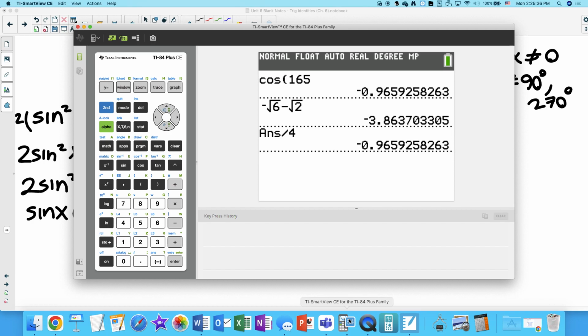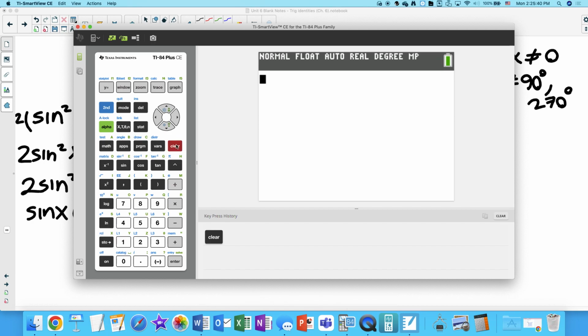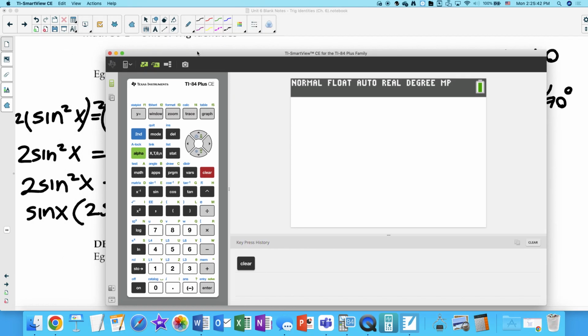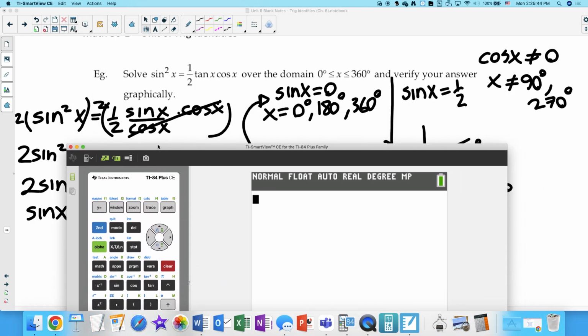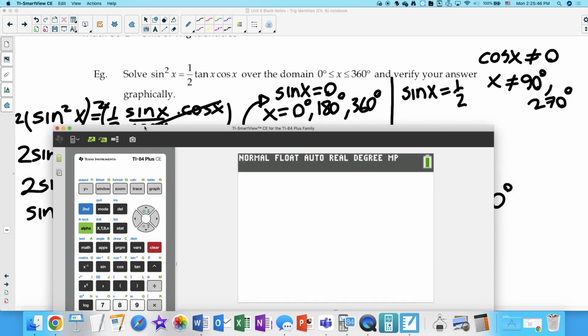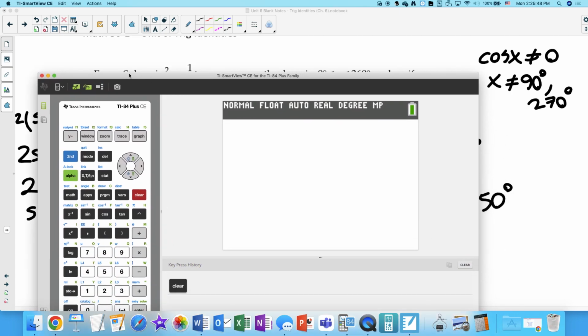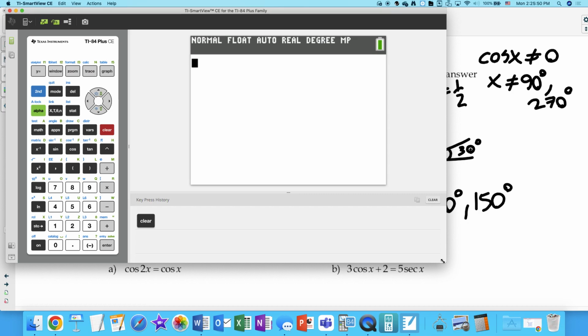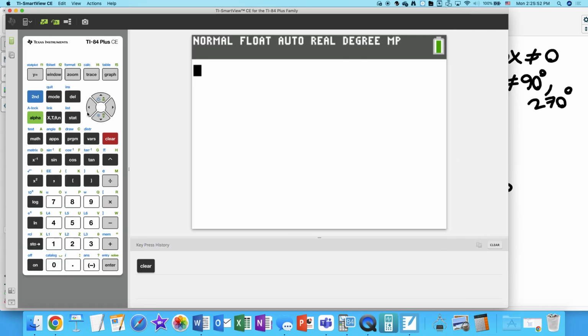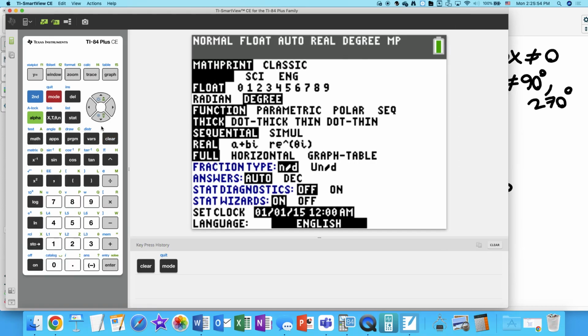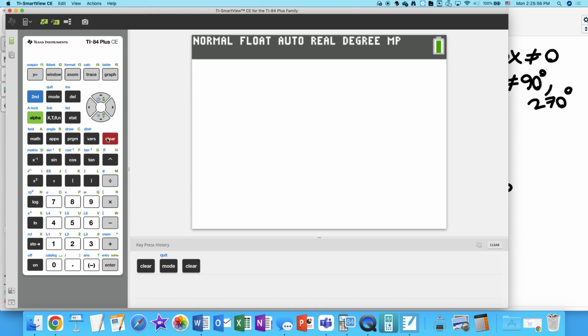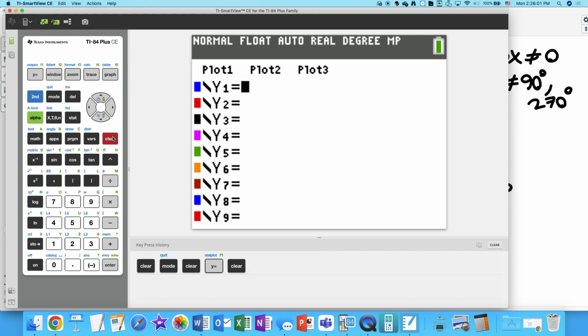Okay, the first thing that I'm going to do is, before I graph it, the domain is in degrees. So I'm going to switch my mode to degrees. Oh, it's in degrees. Oh, great. Okay. And now I'm going to graph the left side as sine x squared.